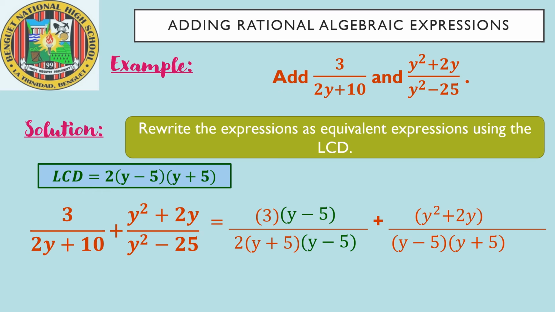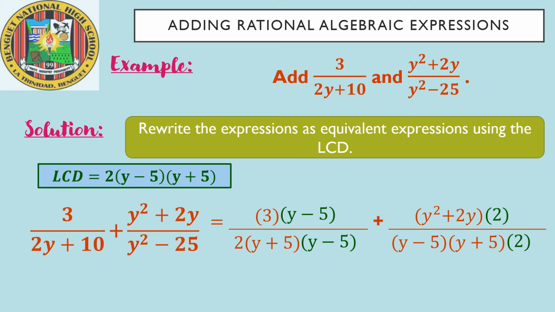Just like what we've done to the first RAE, we rewrite the denominator into its factored form, and from there, we see that we need to multiply 2 to both the numerator and denominator to make the RAE similar to the first RAE. Do you see now that our expressions have the same denominators?